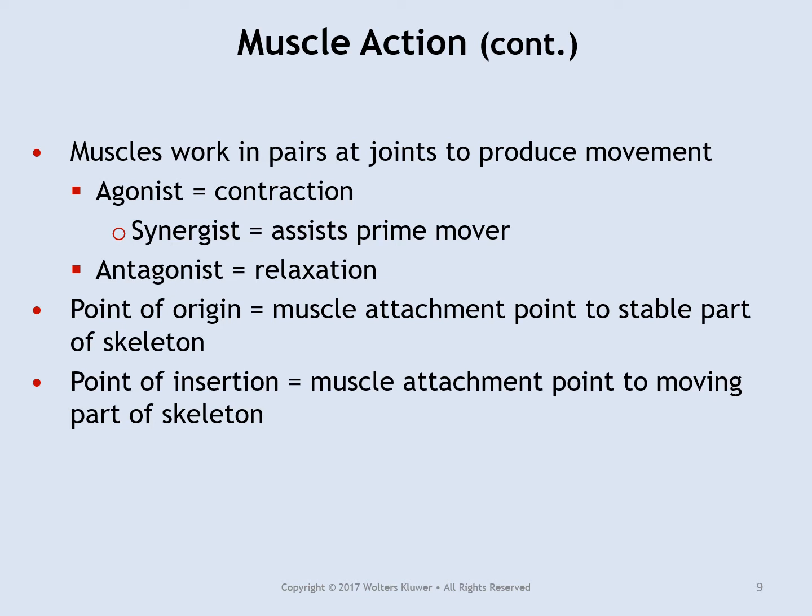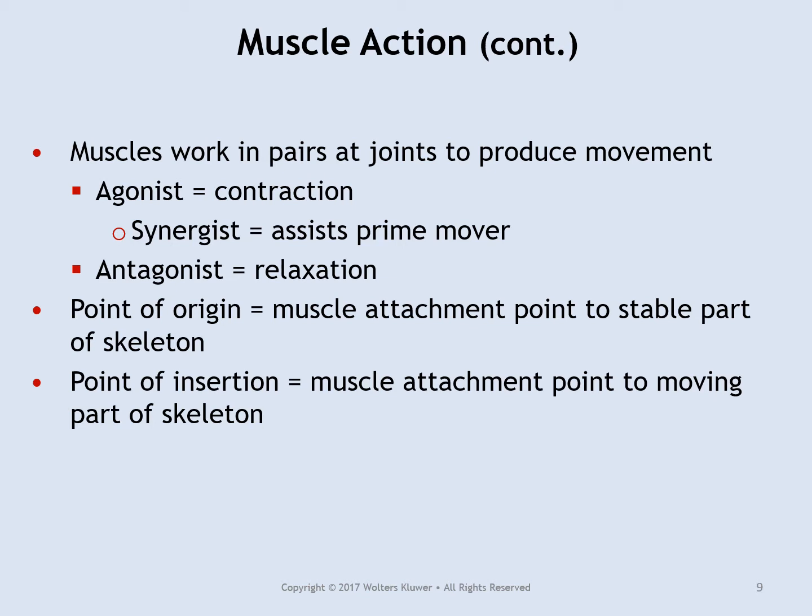Muscles work together at joints. The agonist is the one that is contracting to move a limb, and a synergist is something that assists the prime mover, or the agonist. The antagonist is the one that has to relax for that action to happen.